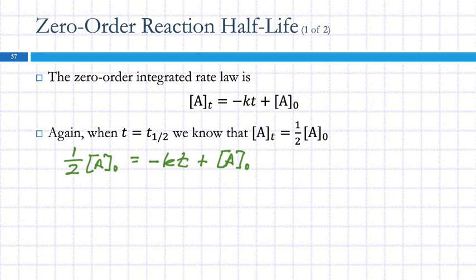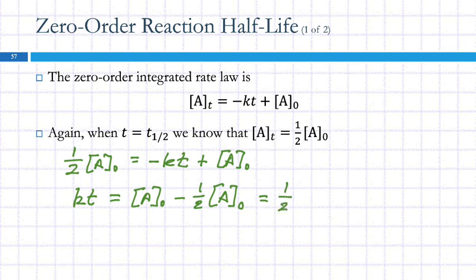I'm going to end up with negatives on both sides. So I hope this isn't skipping too many steps. I'm going to add kt to both sides, and I'm going to subtract this from both sides. And A0 minus 1/2 A0 is equal to 1/2 A0. So, oops, forgot the half there. T1/2 is equal to the initial concentration divided by 2 times the rate constant.